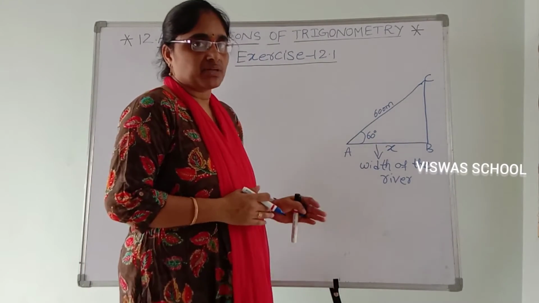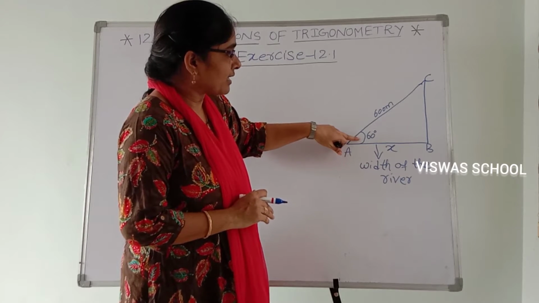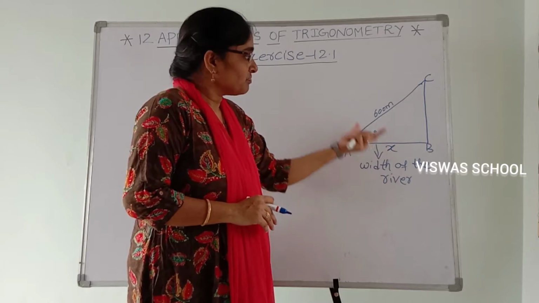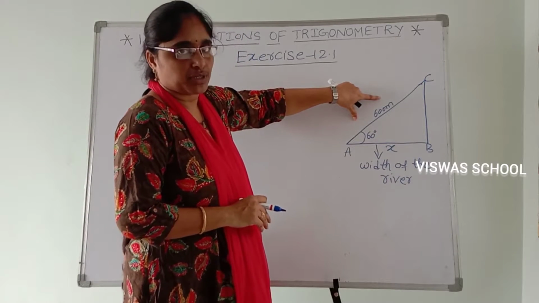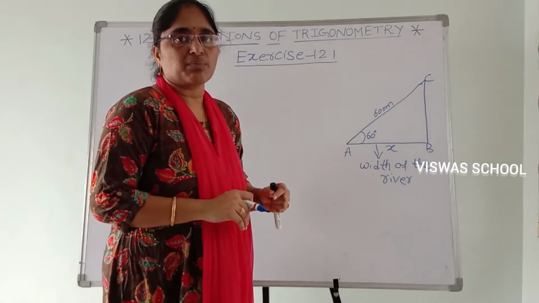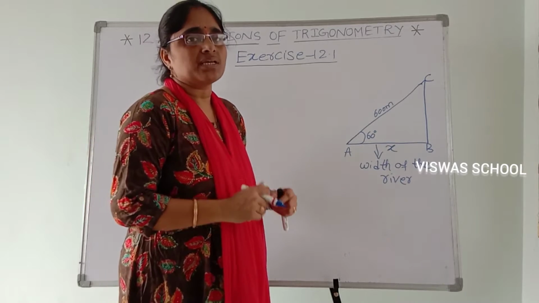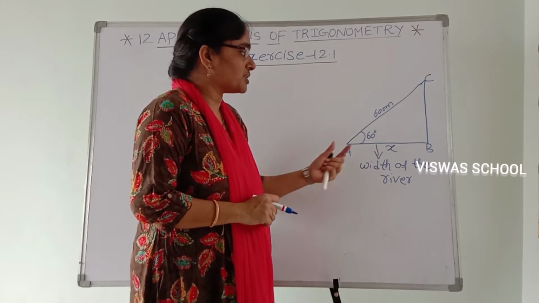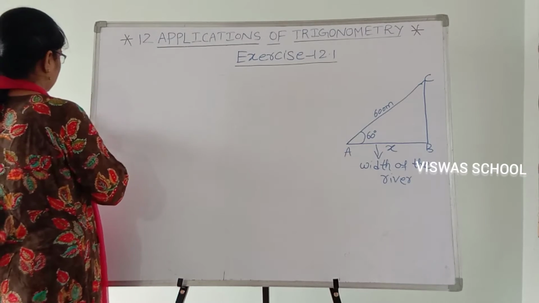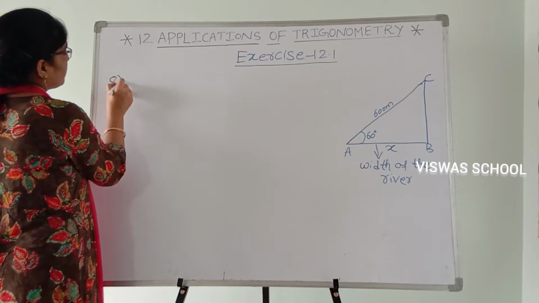From this diagram, which values do we have? This is the angle, 60 degrees. This is the adjacent side, and this is the hypotenuse. What is the trigonometric ratio related to the adjacent and hypotenuse? It is cos. See here, 8th problem.